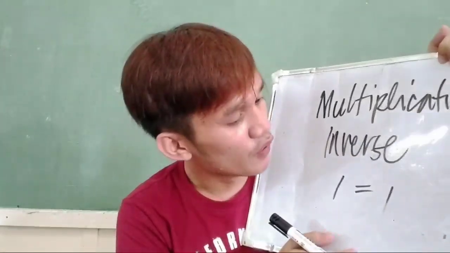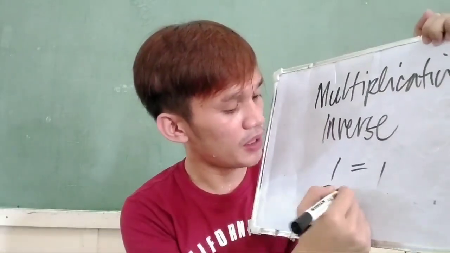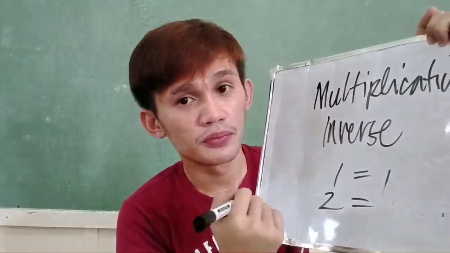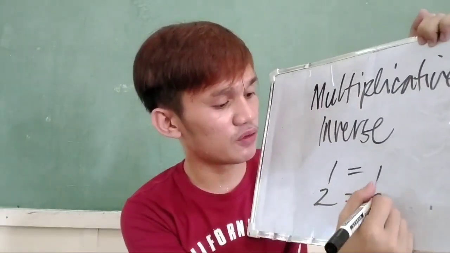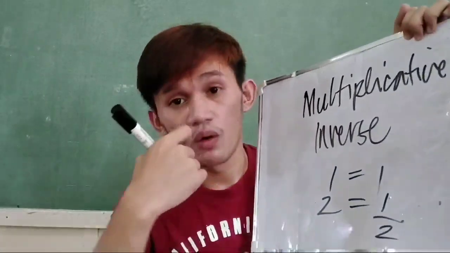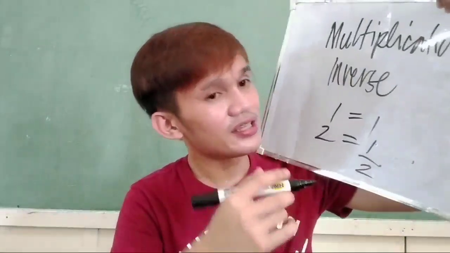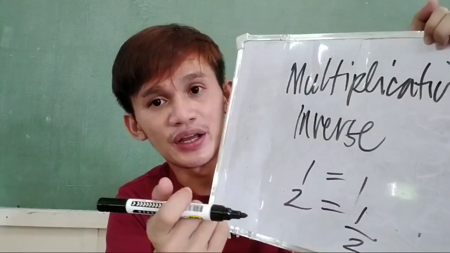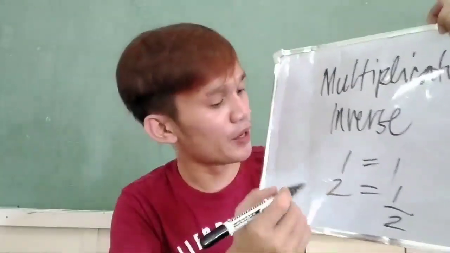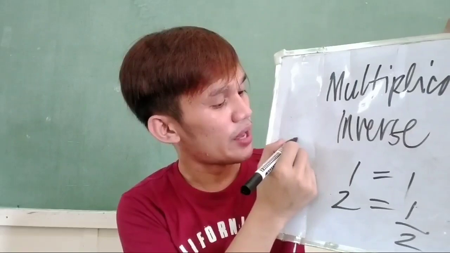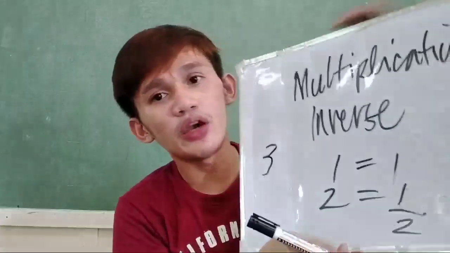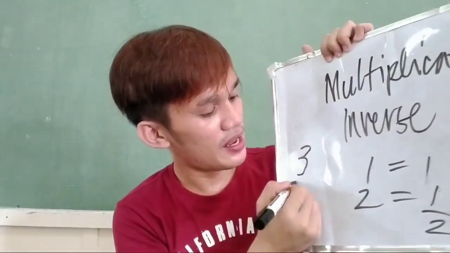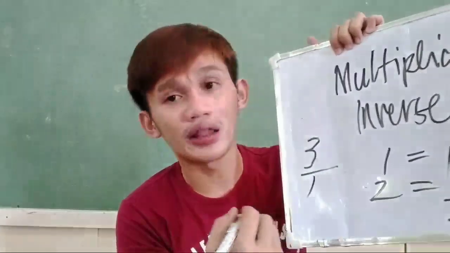For more examples, the multiplicative inverse of 2 is 1 over 2. Why? It's simply getting the reciprocal of the number. For example, we have 3. And we all know that 3 has a denominator which is 1.